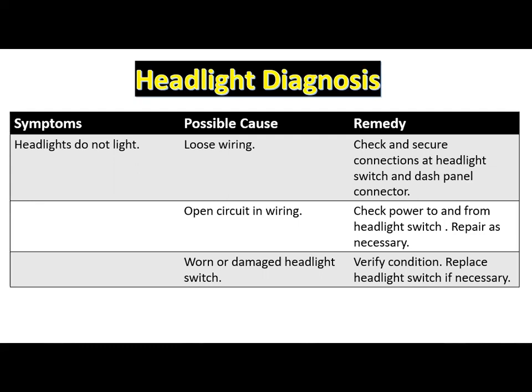Another possible cause could be an open circuit in the wiring. Check power to and from the headlight switch and repair as necessary. Another is a worn or damaged headlight switch. Verify the condition of the headlight switch, then replace it if necessary.